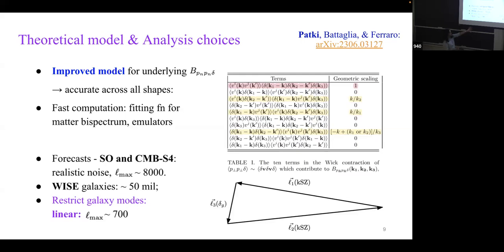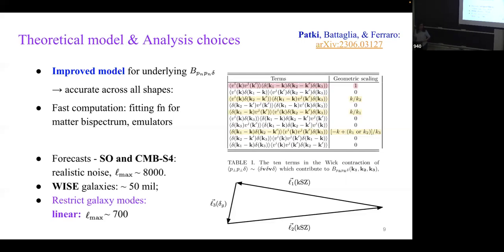So the triangles that we are considering, and where we actually find the most signal, have this sort of shape. In multipole space, in harmonic space, you have 2 KSZ modes which are large multipoles, corresponding to small physical scales. And you have 1 galaxy mode which is small multipole, corresponding to linear scales.